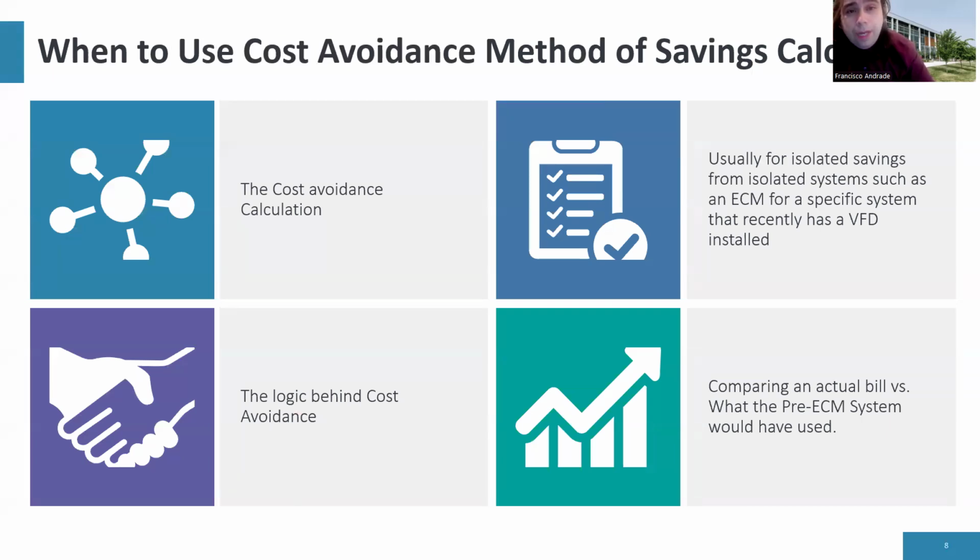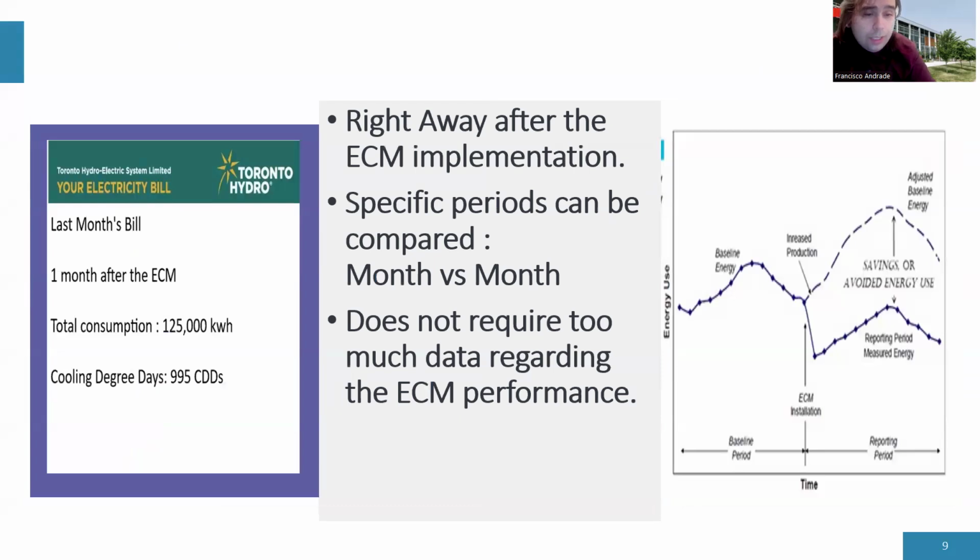That past bill would be expressed as our base energy model, which is that y equals mx plus b, representing the linear regression of our pre energy conservation measure. For our new energy conservation measure, we wouldn't have a line, but we would have this information.